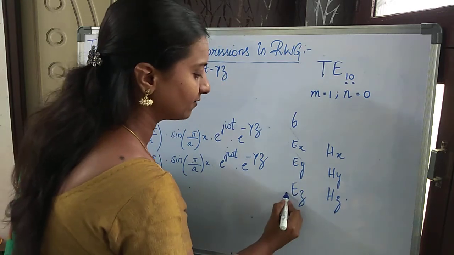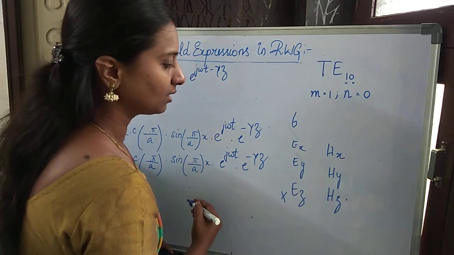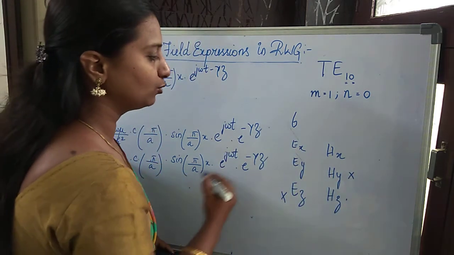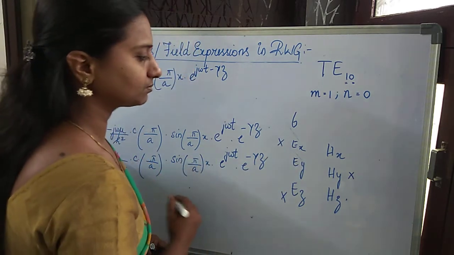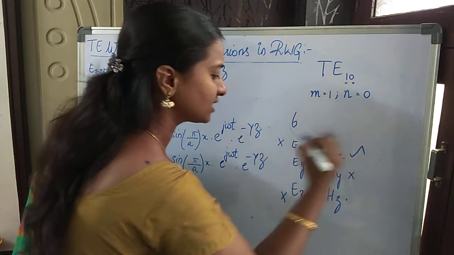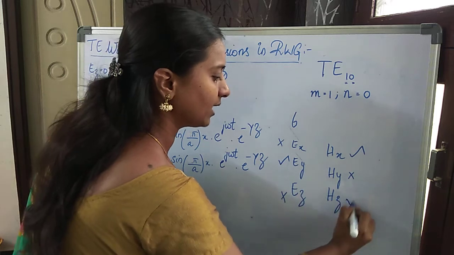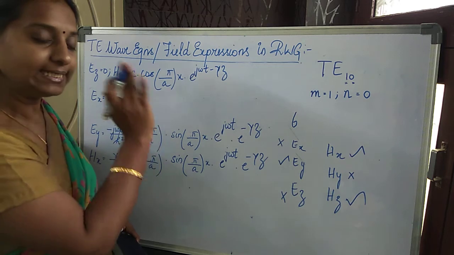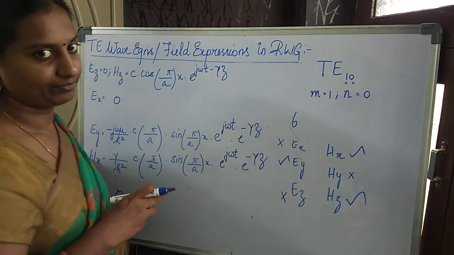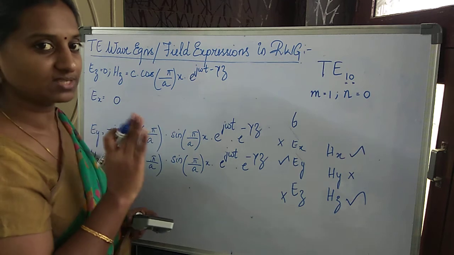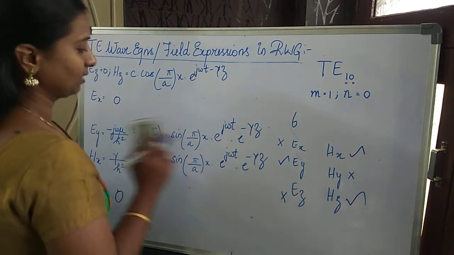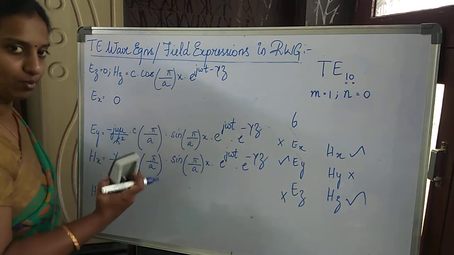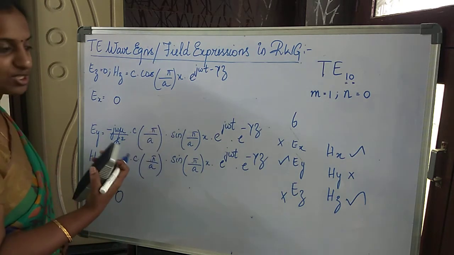I do not have Ez component, I do not have Hy component, and I do not have Ex component. I have Hx, Ey and Hz component existing in the rectangular waveguide for a TE10 mode. So this is the dominant mode for transverse electric mode. Okay. So by reducing this equation some more, we will see what expressions we are getting.